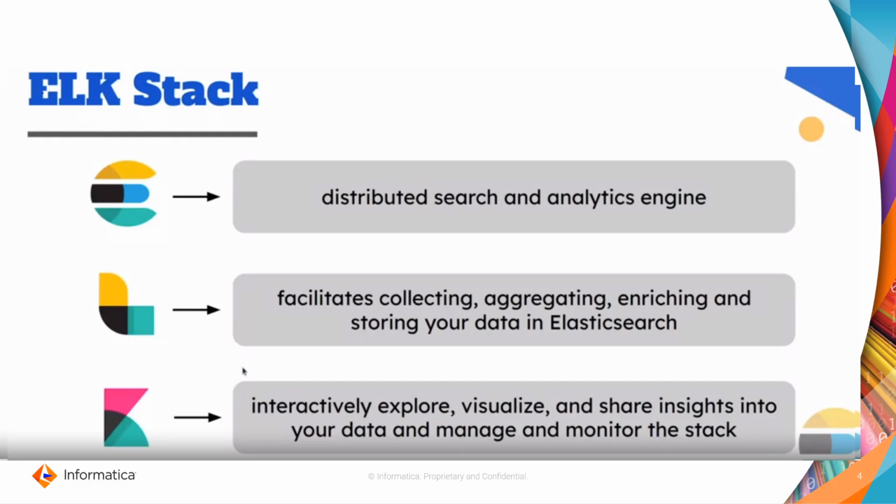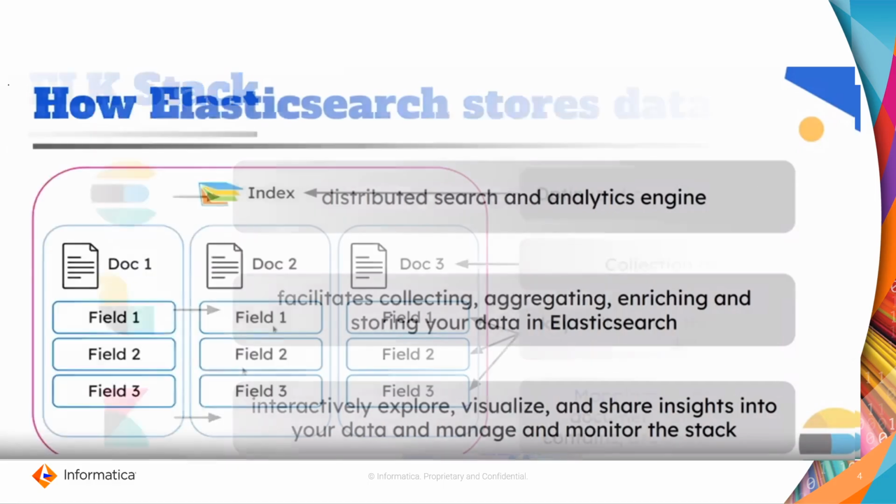Logstash is a data processing pipeline that allows you to collect, parse and transform data from various sources and sends it to Elasticsearch for storage and analysis. And Kibana is a UI which allows you to visualize and interact with data stored in Elasticsearch.